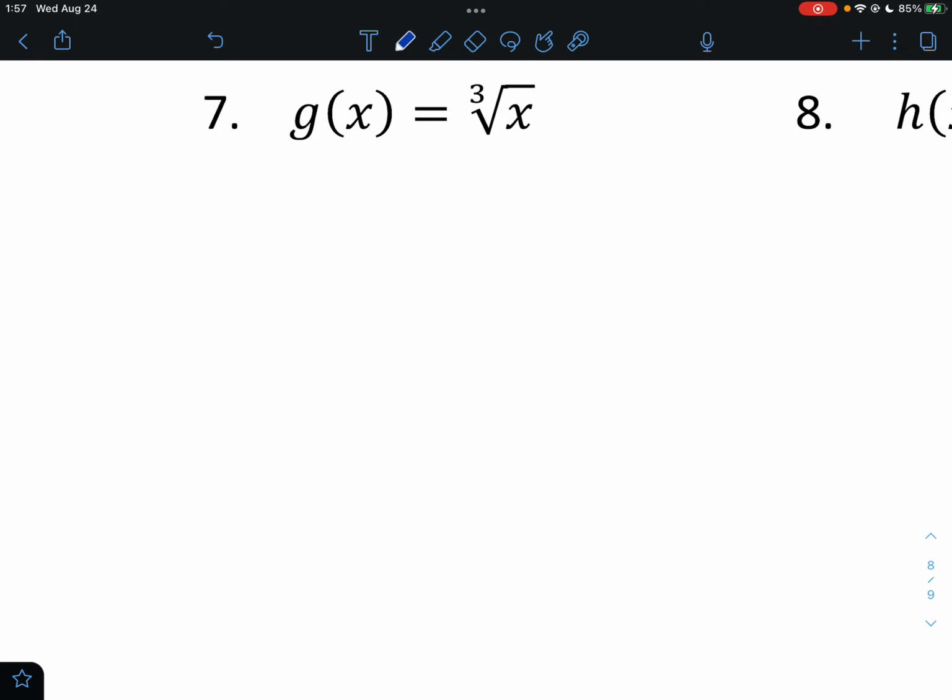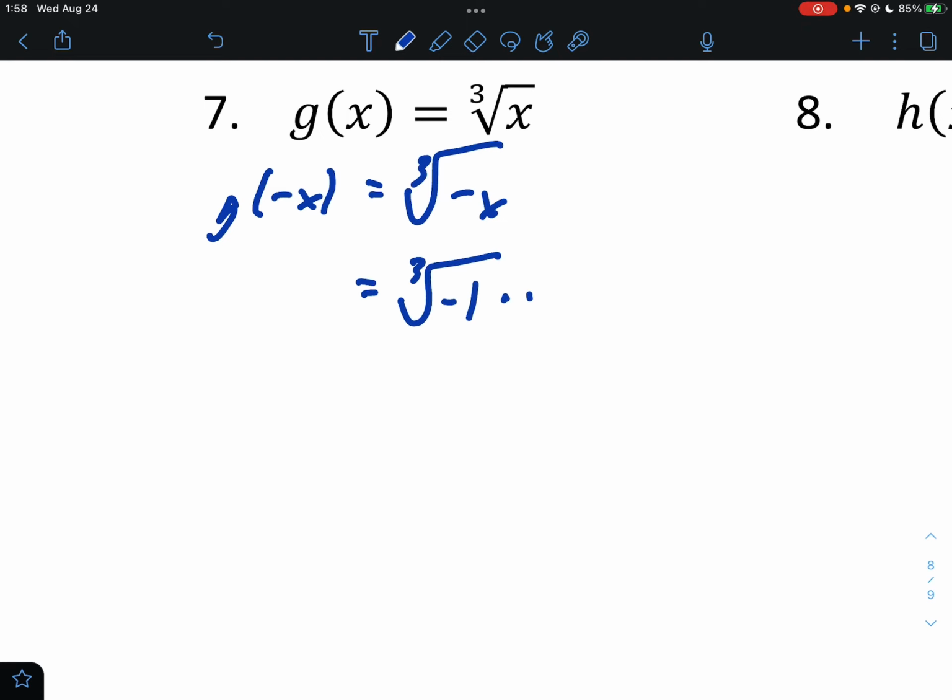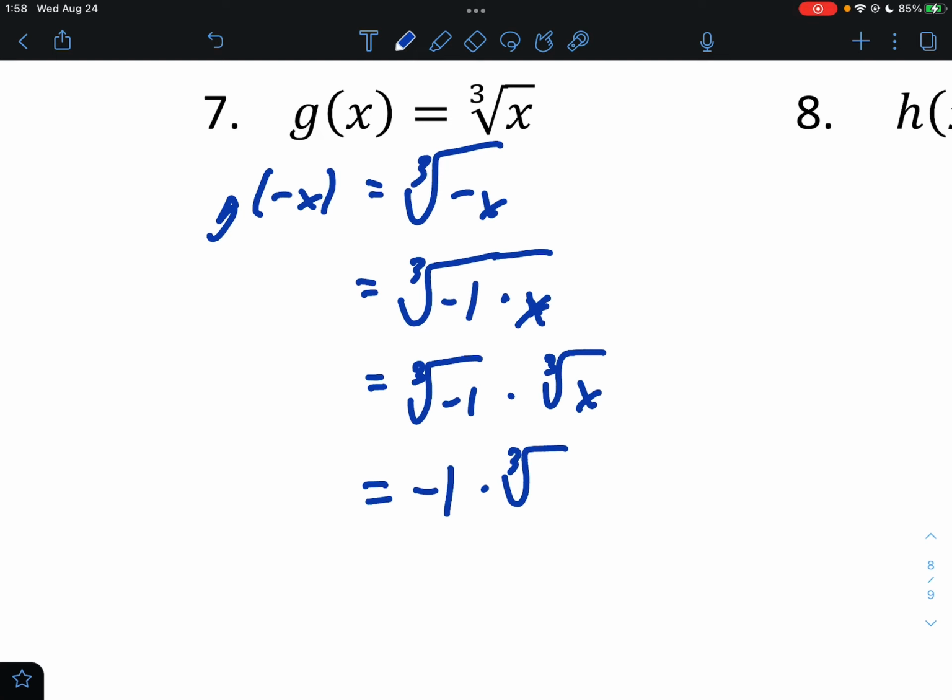7's another one that we should already know, but just for fun, we'll double check. So this would be third root of negative x. Basically we can think of this as the third root of negative 1 times x, which is the third root of negative 1 times the third root of x, and the third root of negative 1 is negative 1 times the third root of x.